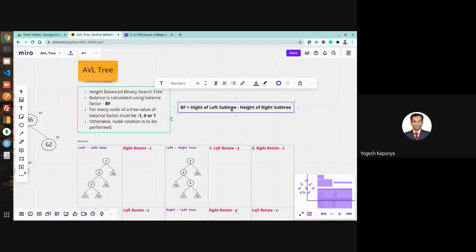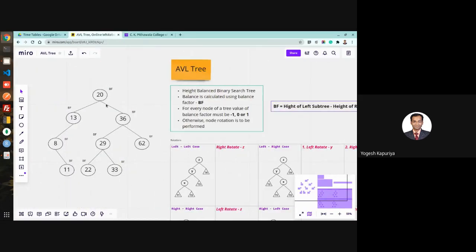Now again you need to understand what we mean by subtree. We have already discussed that a subtree means a single node or a group of nodes which is a subset of any particular tree. So given any node, let us say 20. So 20 is a node, then height of left subtree. Left subtree means this.